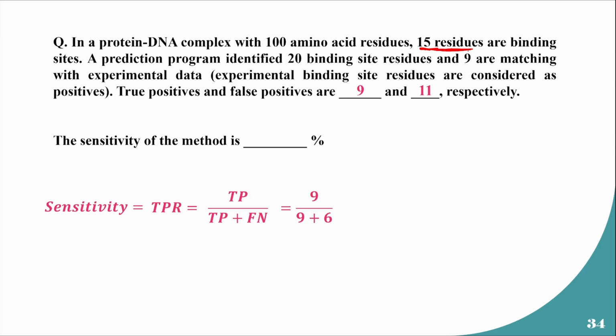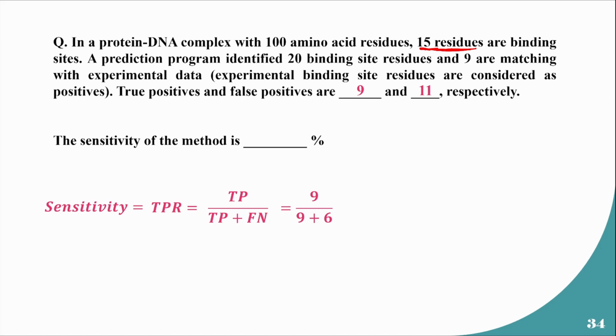So if the model identified 9 among these 15 correctly, 6 other residues remained, which the model could not identify as part of the binding site. Right? So those 6 values were the false negative values. 15 minus 9, 6.